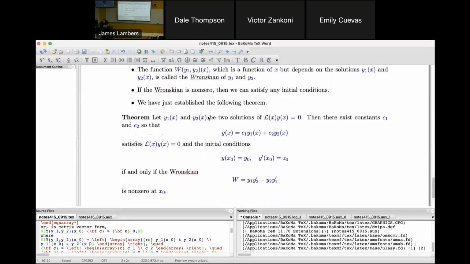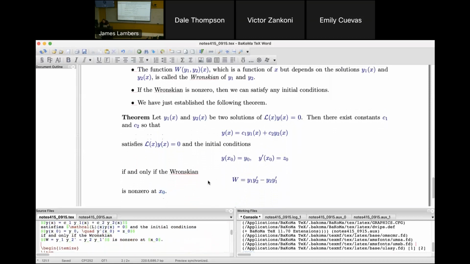If you have two solutions of your homogeneous second order linear ODE, and if the Wronskian of those two solutions is non-zero at a given point x naught, then it's always possible to find constants C1 and C2 such that y satisfies the ODE and y satisfies any initial conditions.